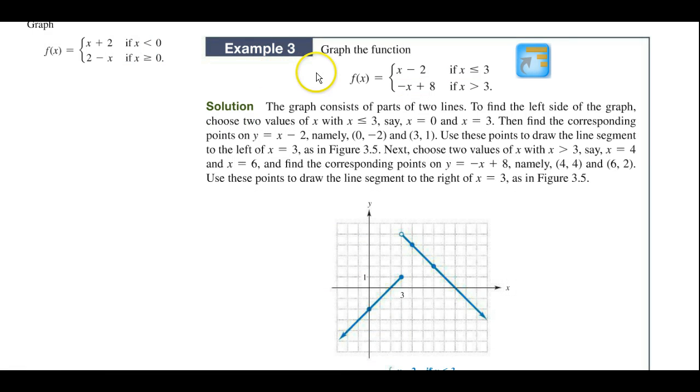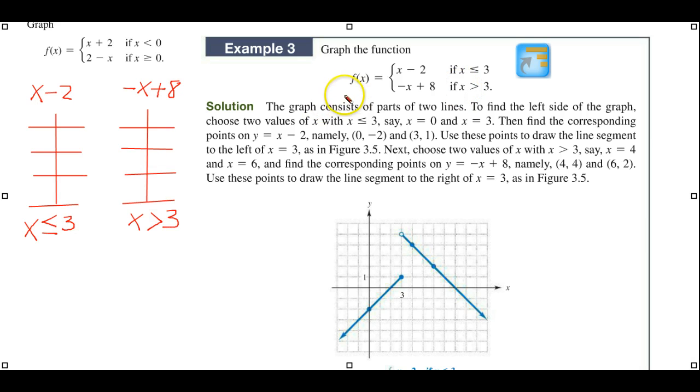And for example 3, we're going to set this. So here we've set this up with our function statements and our qualifiers. So now we're going to put values in there.